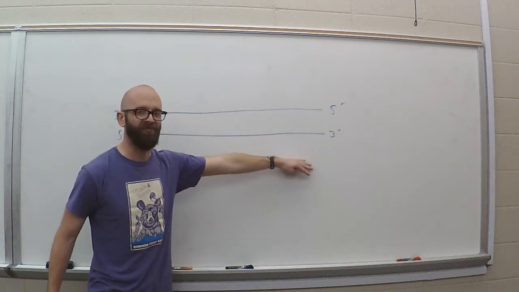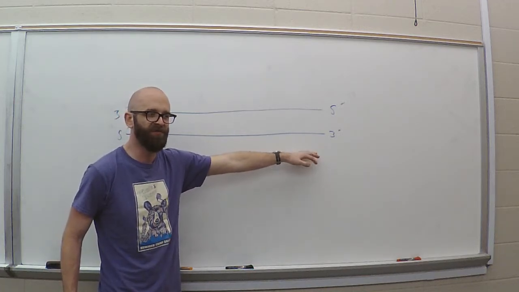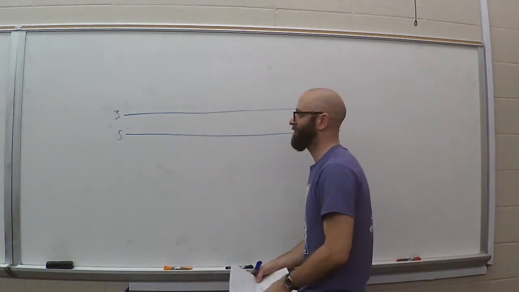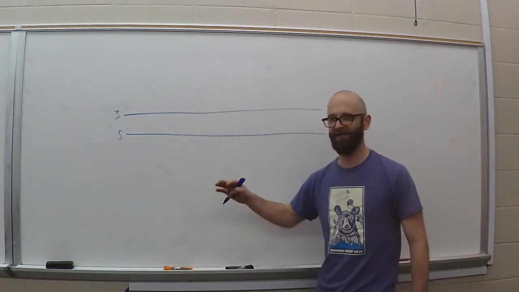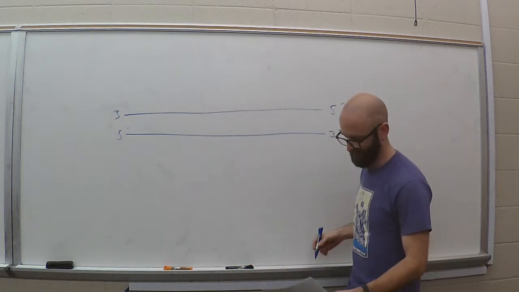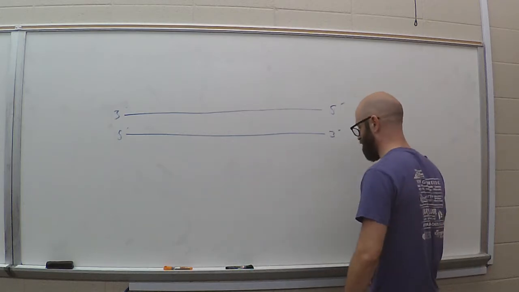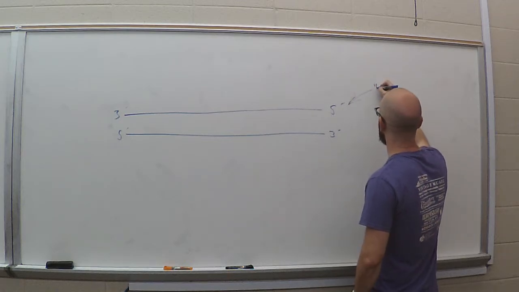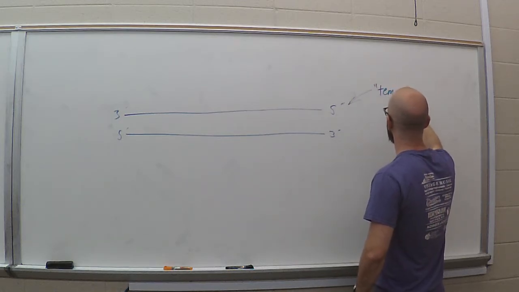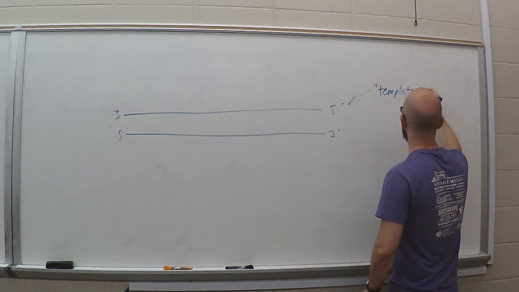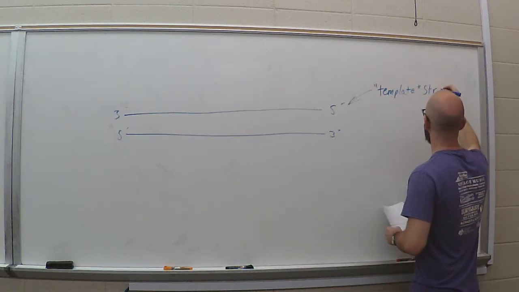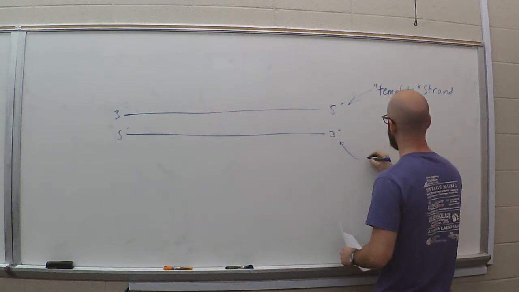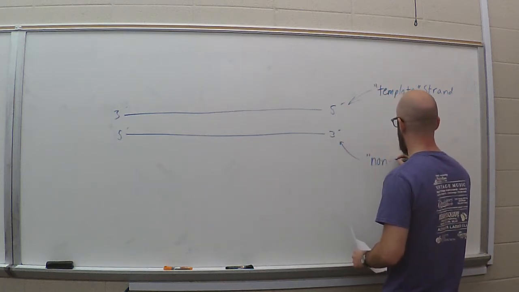Only one of these strands actually encodes the gene. So one of them gets used as a template and the other one doesn't. For this particular one, this top strand is what we'll call the template strand, and the bottom one is the non-template.